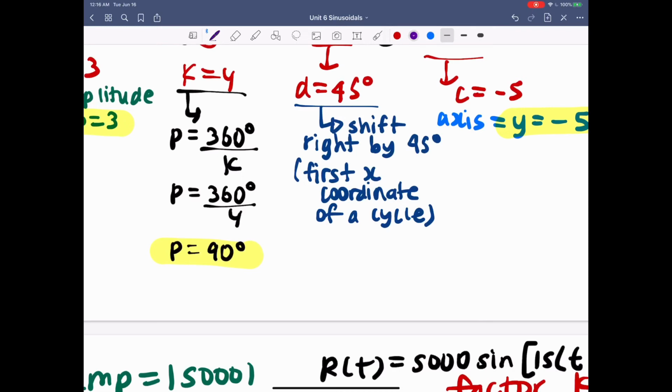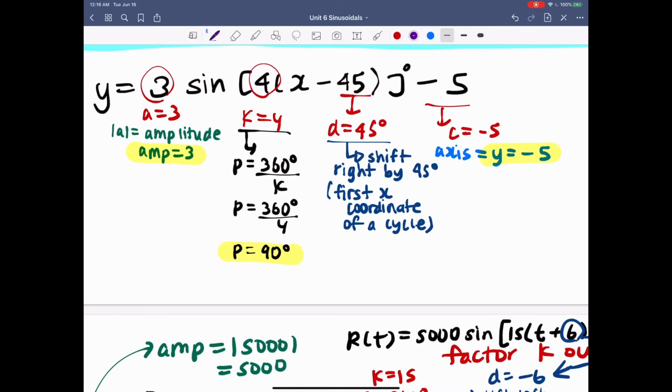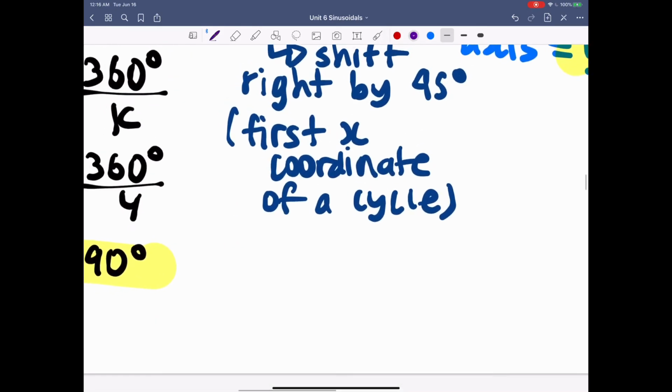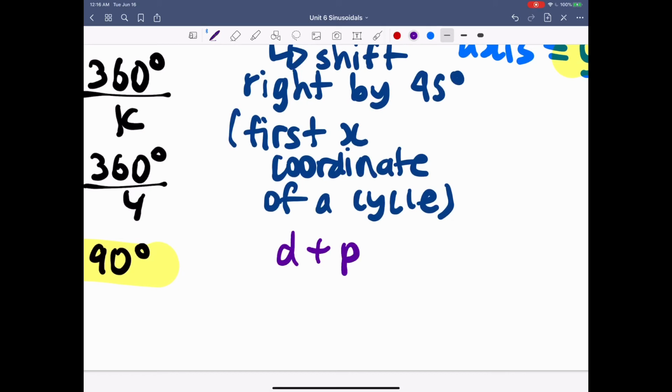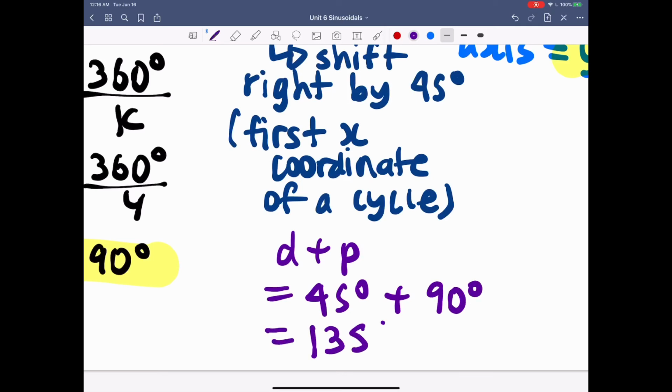In terms of when I end, well, because I have a shift, I can't just end at 90 anymore. It's not just 0 plus 90. But with that same idea for this question, I'm just going to do D plus P. D is equal to 45 degrees. That's my shift. The period is 90 degrees, and therefore I'm going to end at 135 degrees.